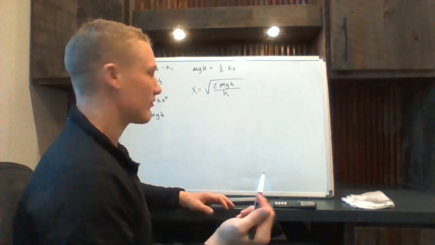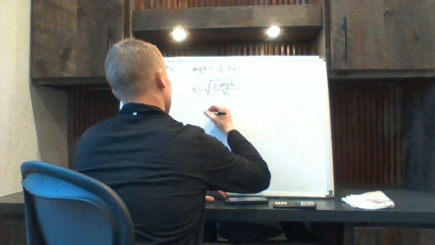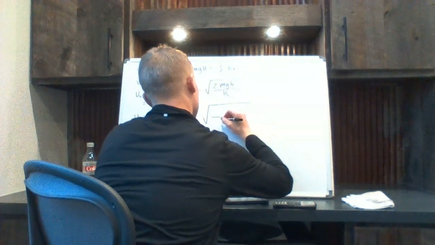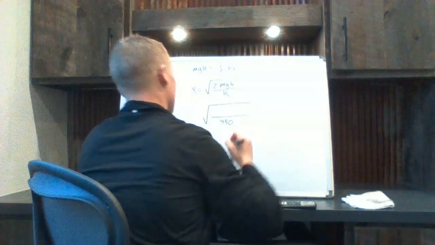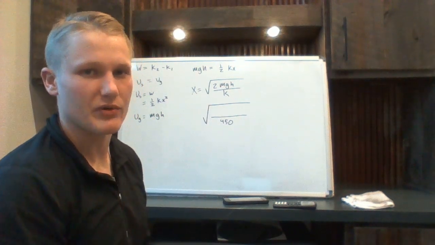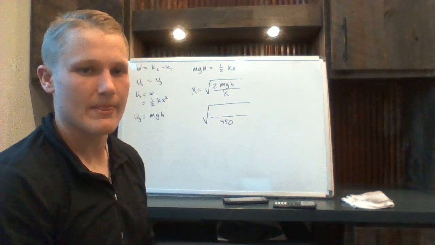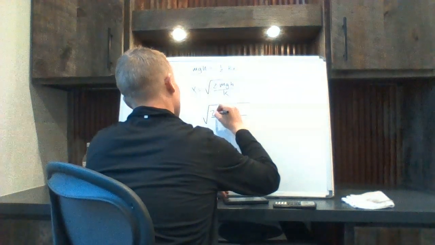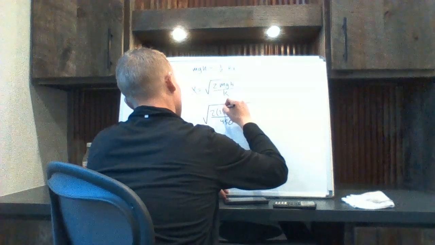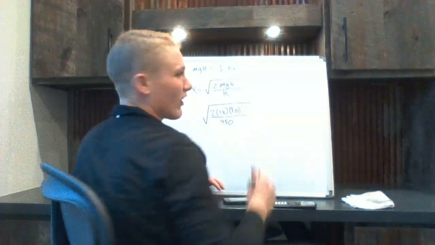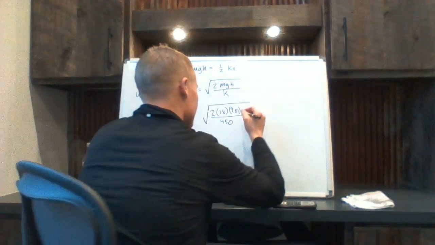So for k, the spring constant, we have 450 newtons per meter. 1.8 for m. Then 9.81. And our height should be 3.6.